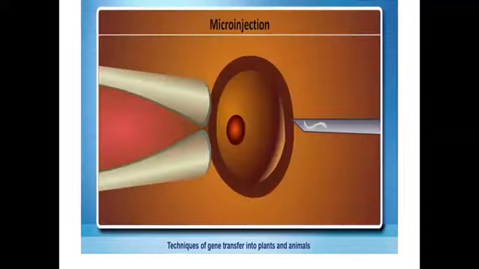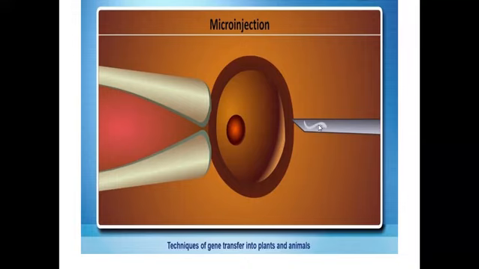Here is another type of microinjection. The target DNAs are directly injected into the nucleus. See, here is the glass tube called the microinjection needle. That microinjection needle is filled with target DNAs.